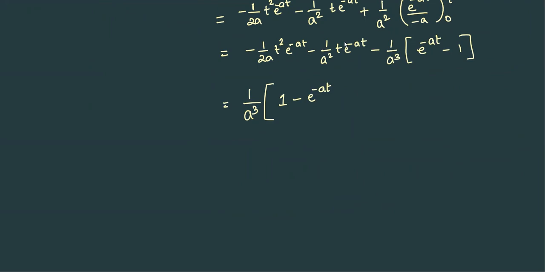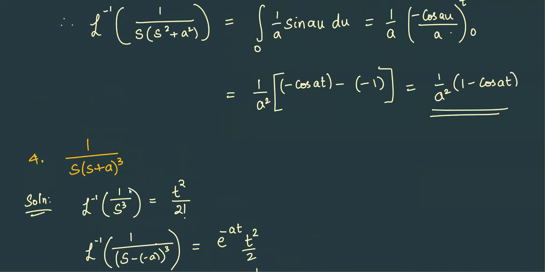Then multiplying with a, we get minus at e power minus at. Then minus a square t square by 2 e power minus at. So this is the inverse Laplace transform of this function.